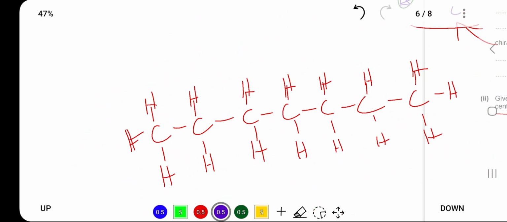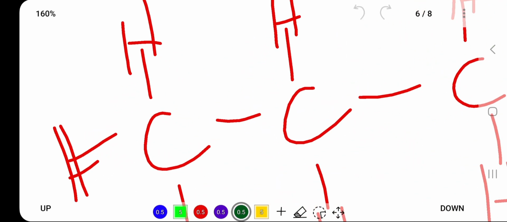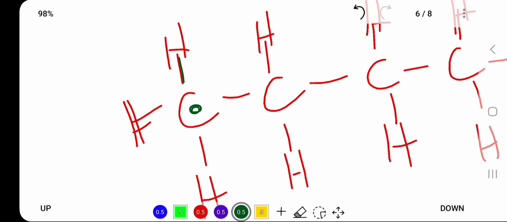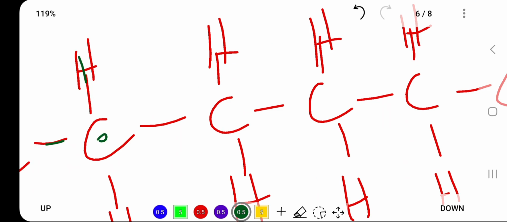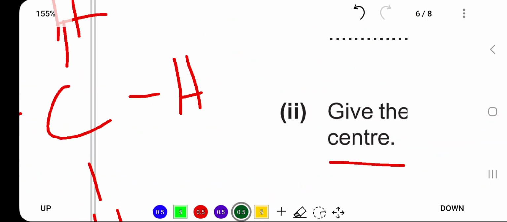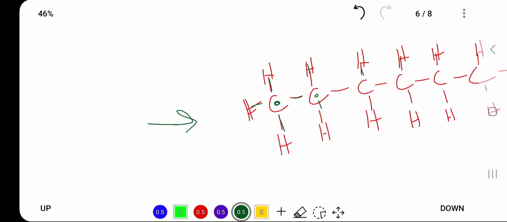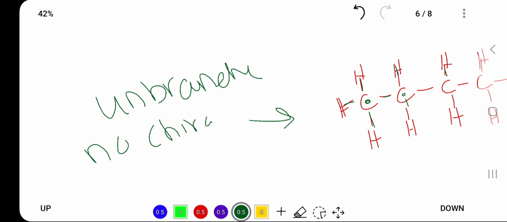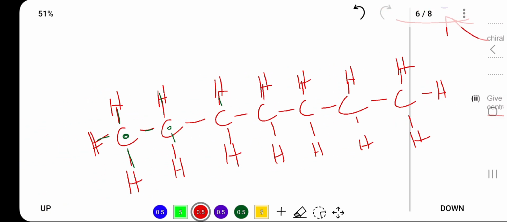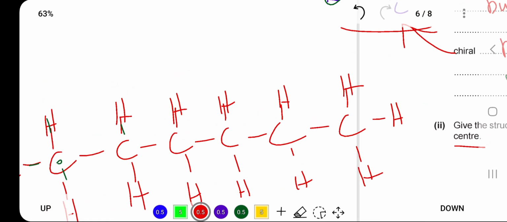But the problem here is that whatever carbon you choose, the groups are the same, this, same, this, same, until the end. If it was unbranched, in this case there is no chiral carbon, right? So the unbranched will not work since every single carbon has the same group.